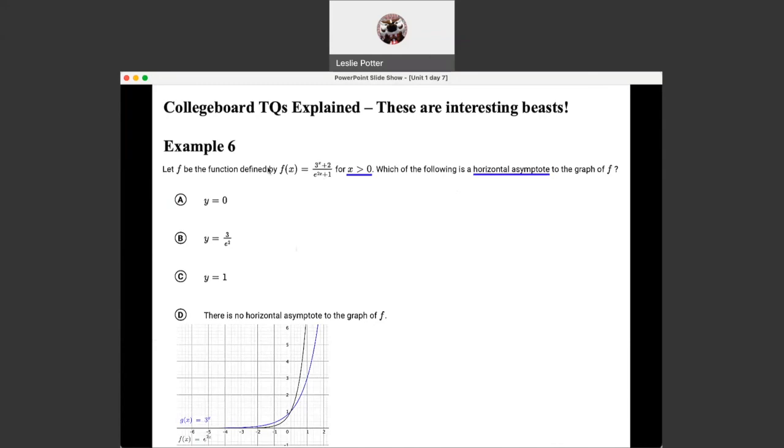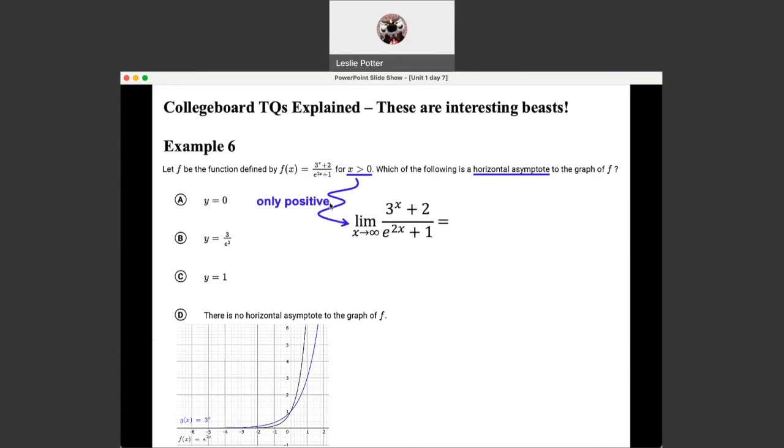So think about this whole expression. The top grows slow, the bottom grows fast. Does that make sense? Okay, the top is going to be teeny weeny, the bottom is going to be big, huge, enormous. What value does that go towards? Okay, so think about that. Let's kind of walk through it.